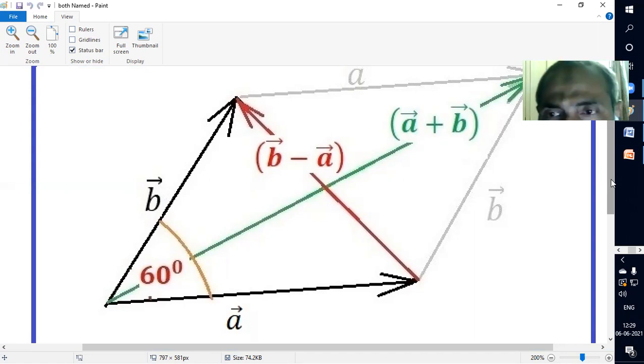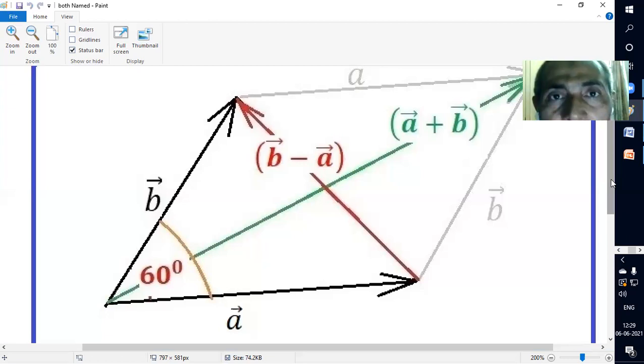So, in conclusion, you can remember that every parallelogram has two diagonals. When the two sides of the parallelogram are representing the two given vectors, for example, a and b, such that their tails are coincident, in that case, the diagonal which is passing in between the two vectors a and b indicates the sum of the two vectors.